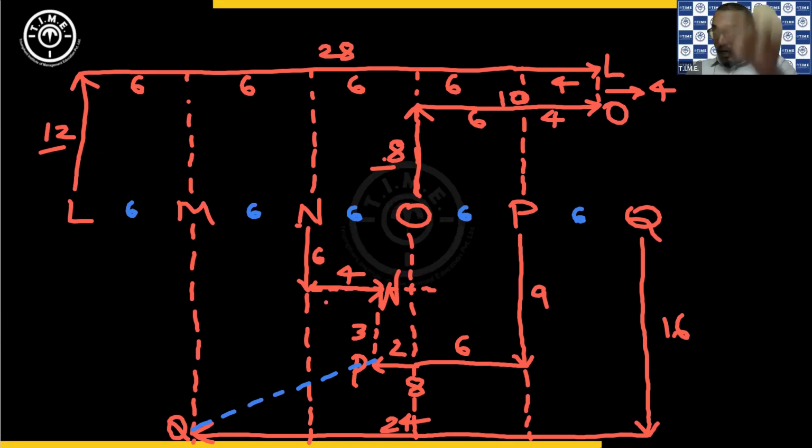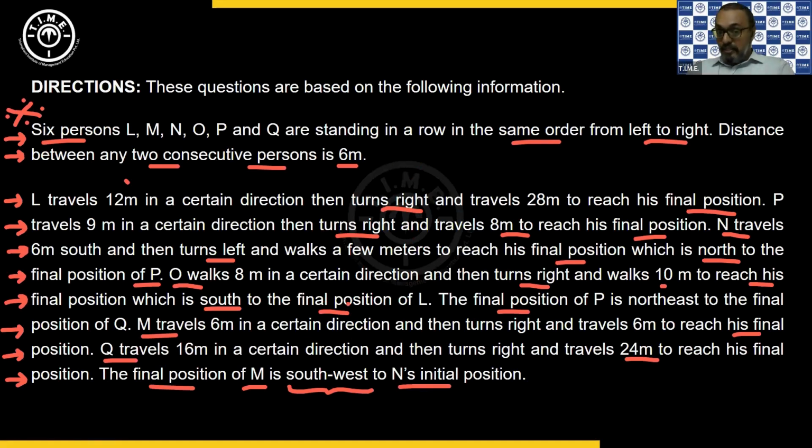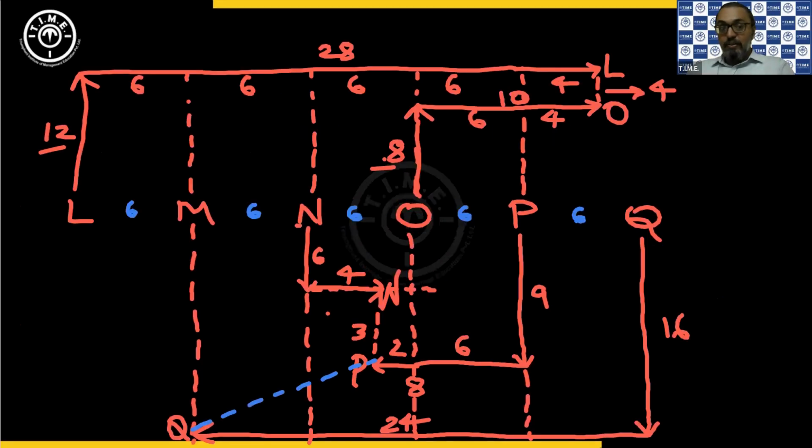So what I'll do, I'll take M in south direction, 6 meters and then turns right. So 6 meters is same as this. So this is 6 meters, turns right and again 6 meters he said. Okay.